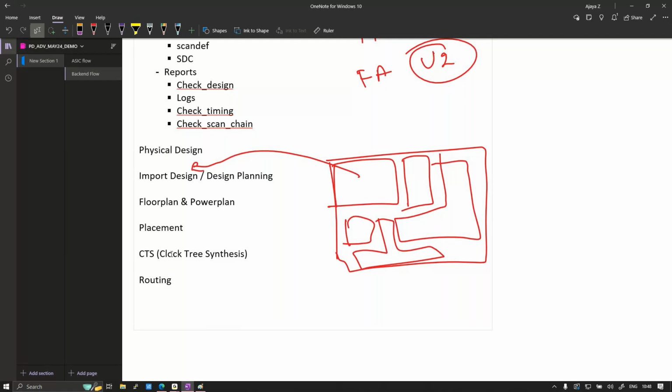Clear so far? Right, I'll go one by one.